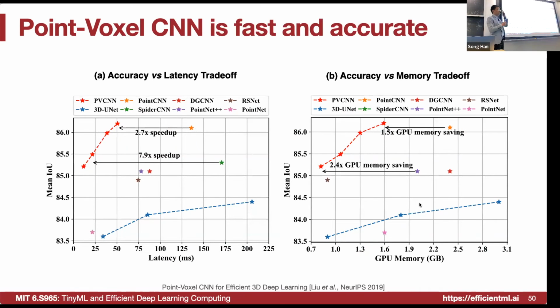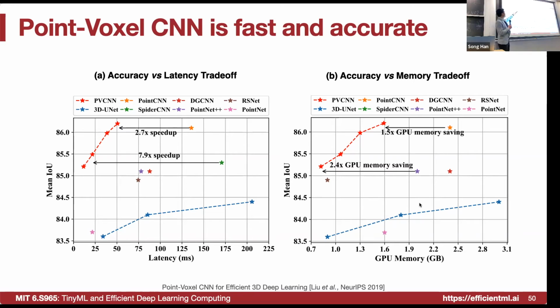This PVCNN, standing for point-voxel CNN, is fast and accurate. This compares the accuracy and latency trade-off, and the accuracy and memory trade-off, against SpiderCNN and PointCNN. PVCNN ranges from 2.7 to 7.9 times speedup.